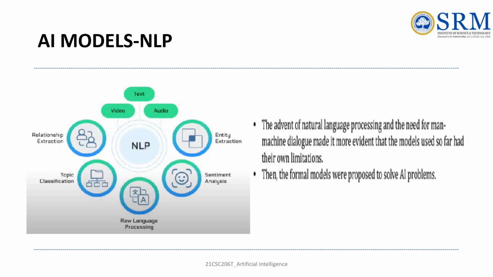Unlike logic-based models, NLP models require training on massive datasets and use probabilistic reasoning. Here, modeling means teaching machines to understand meaning, detect context, generate responses, and even summarize or translate content.